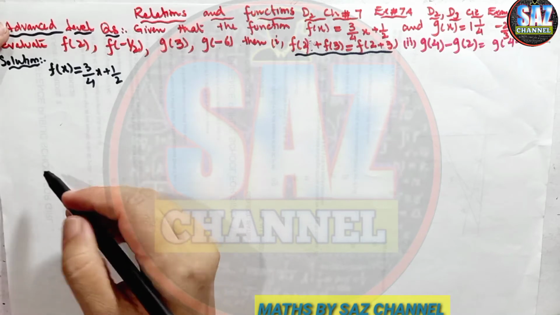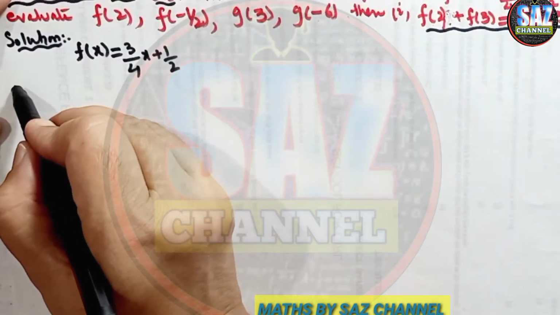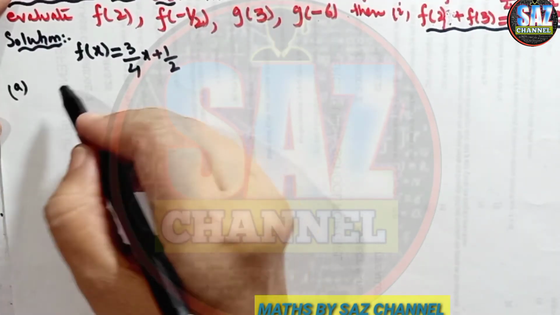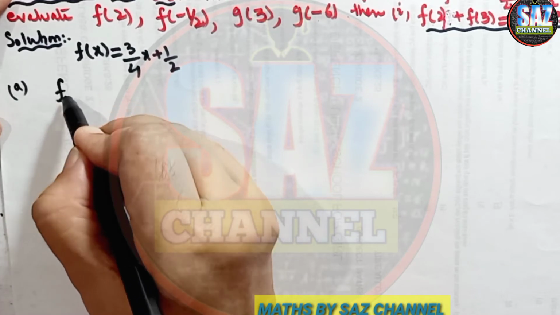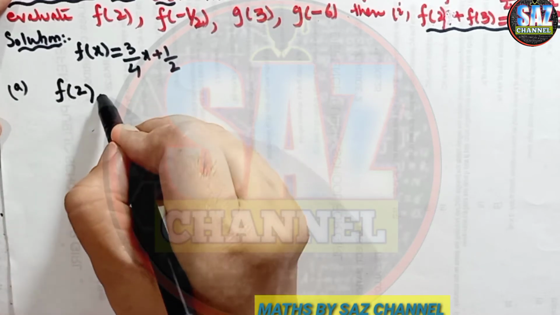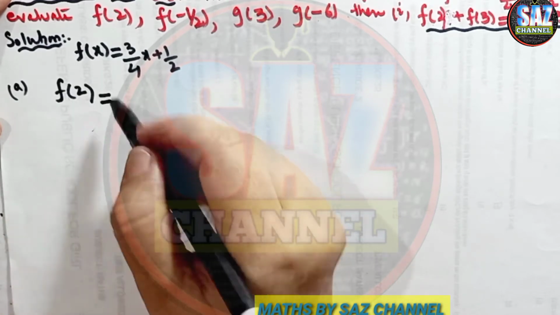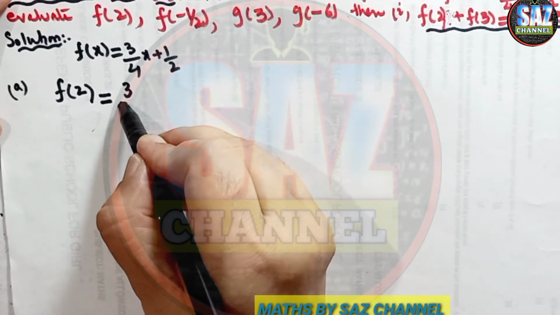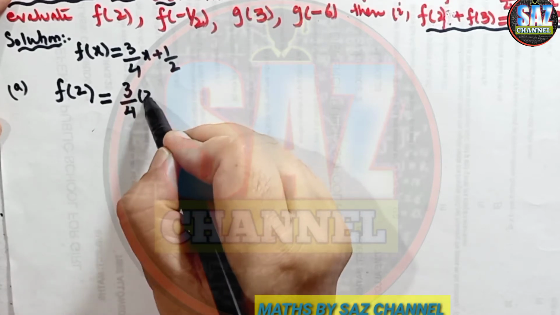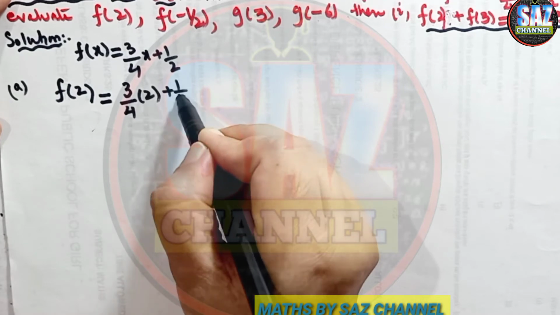First of all, I have to evaluate that at 2. So instead of the variable, I will replace x by 2 and my function will take the form 3 by 4 into 2 plus 1 by 2.